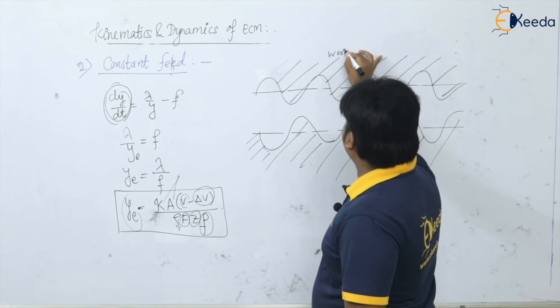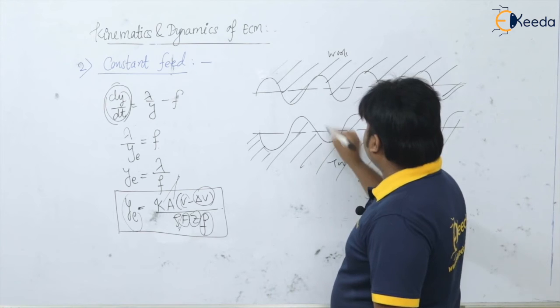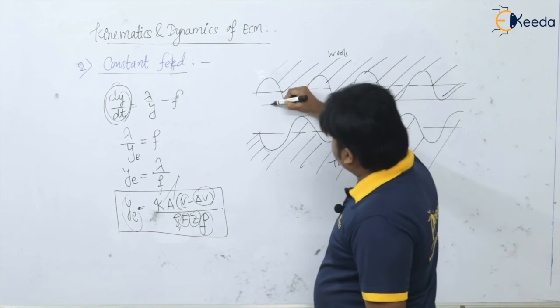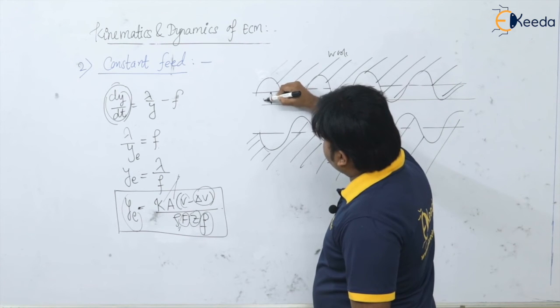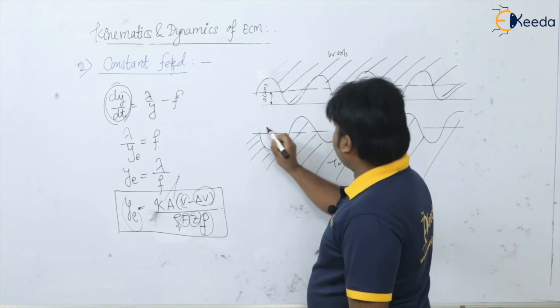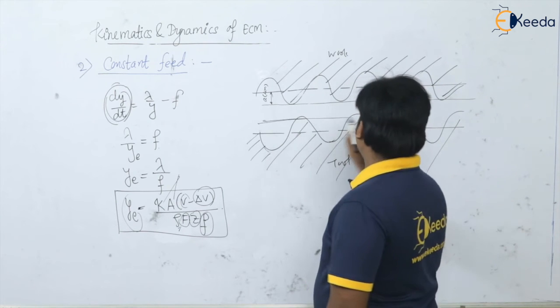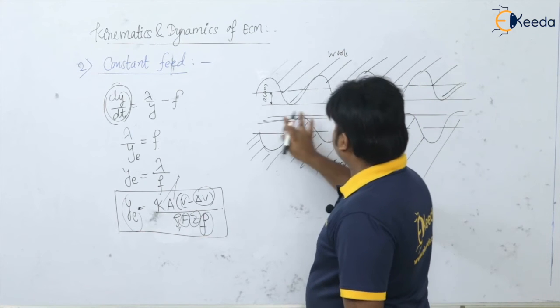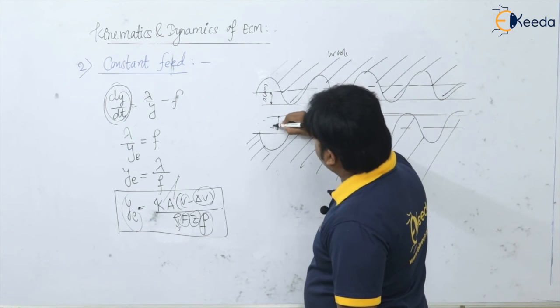Say this is the work and this is the tool, and the surface irregularity, say this distance I am having, say A in microns, micrometer, and this distance, say it is B for the tool.